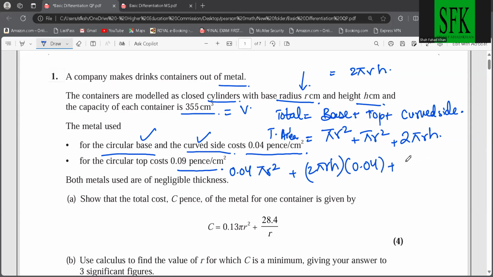And the top is 0.09, so that pi r squared is multiplied by 0.09.